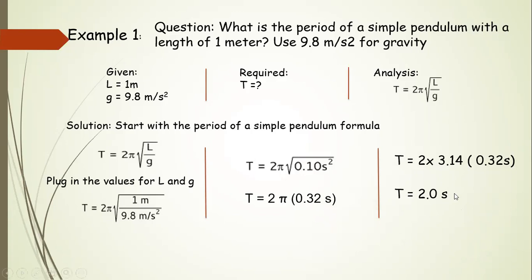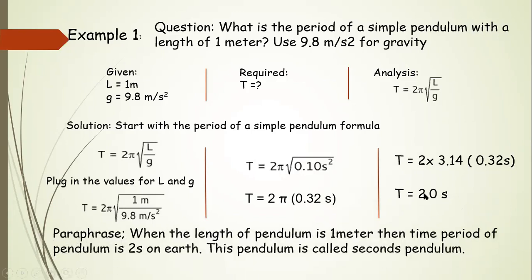Just remember that. The conclusion is that when the length of the pendulum is 1 meter, the period of the pendulum is 2 seconds. This is on Earth, since it depends on the value of g. The value of g is different on the Moon or any other planet.